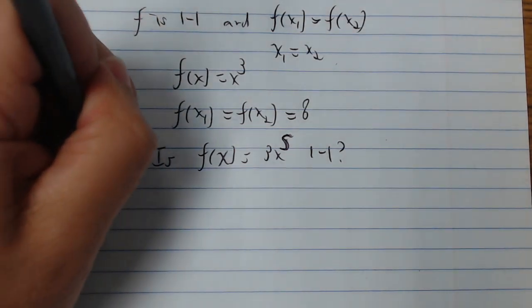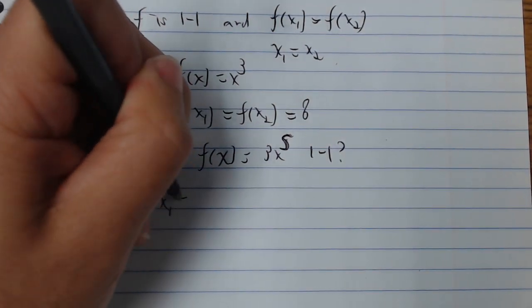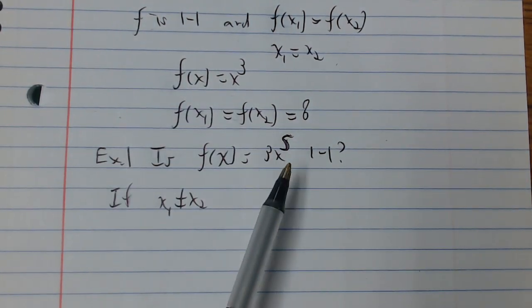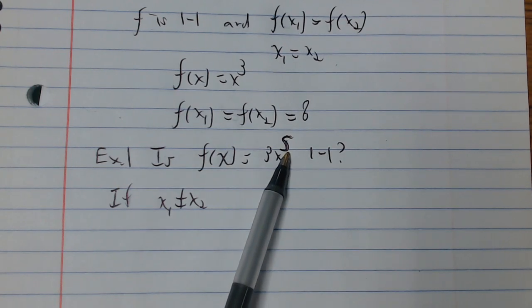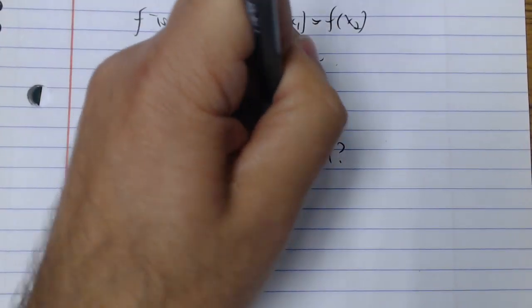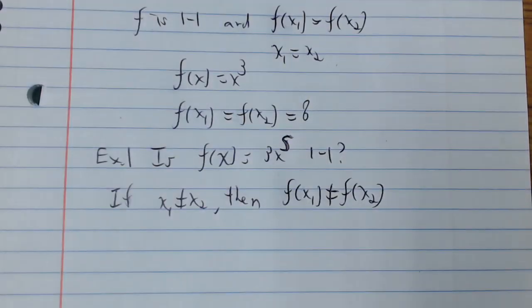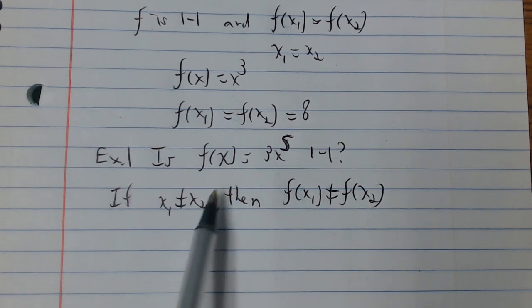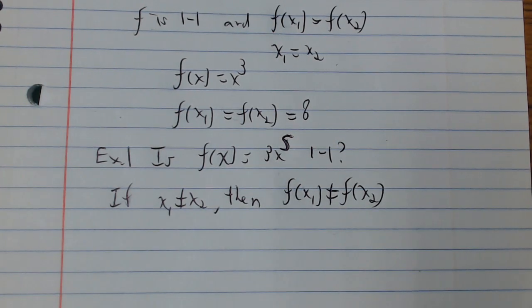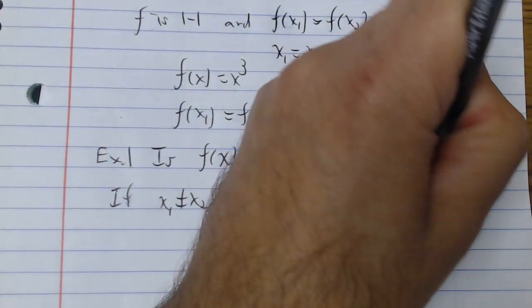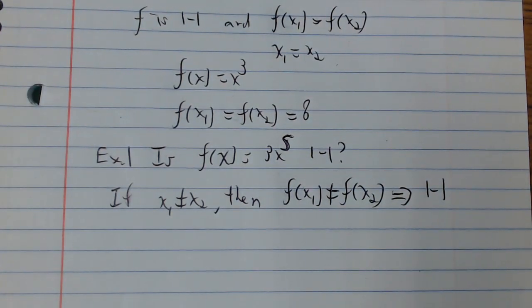Notice we could say that if x sub 1 doesn't equal x sub 2, so if I pick any two random x values, and what gives it away is this odd exponent, then f of x sub 1 will not equal f of x sub 2. No matter if I plug in two different x values, my y values at those different x values are going to be different, which by definition is what a one-to-one function is. So we could say, therefore, this is one-to-one.